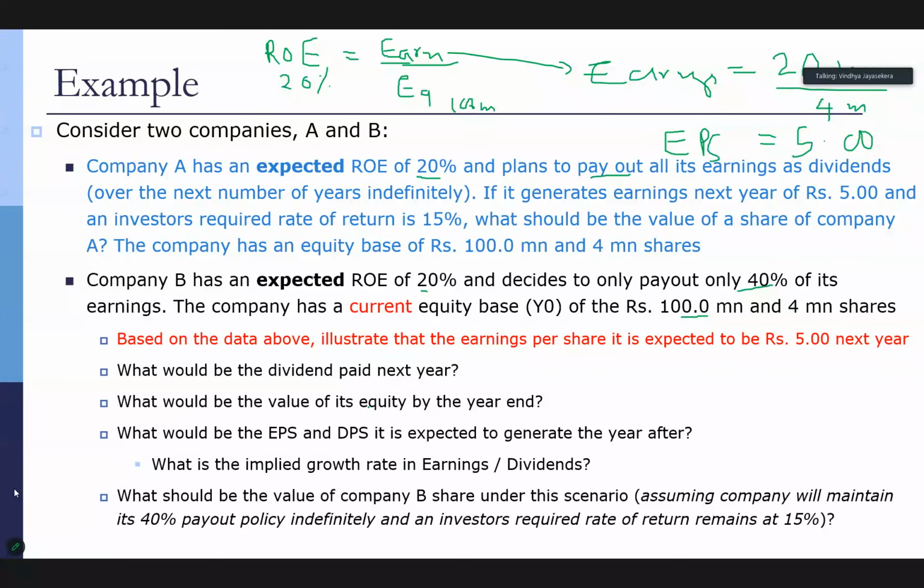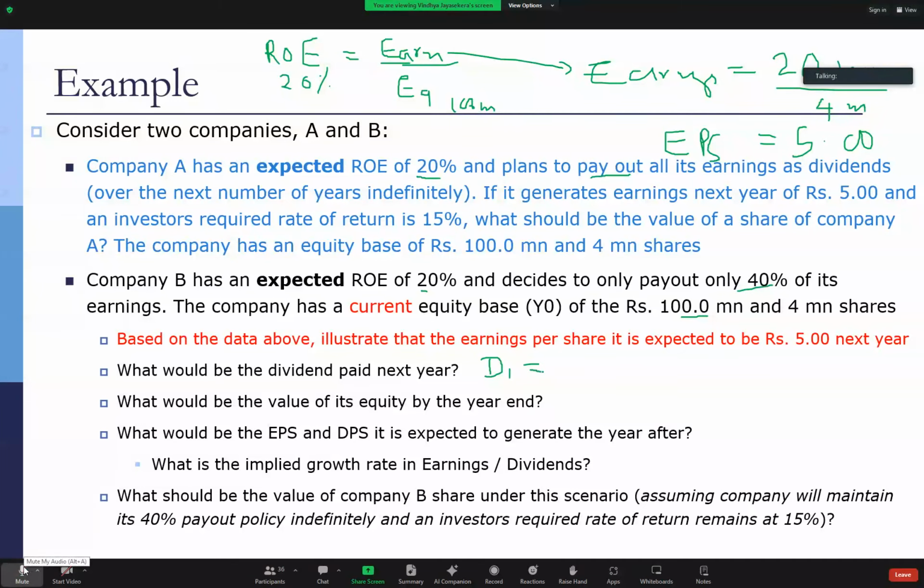So how much is the dividend paid next year? D1. ₹2. D1 is essentially your earnings times how much you're paying out.